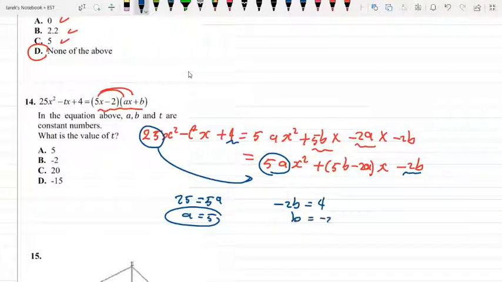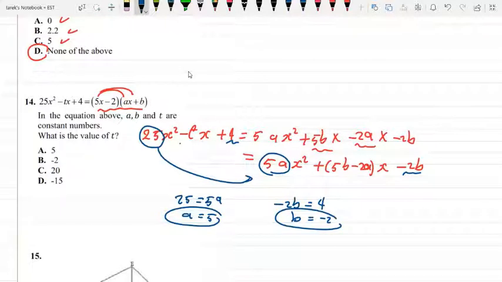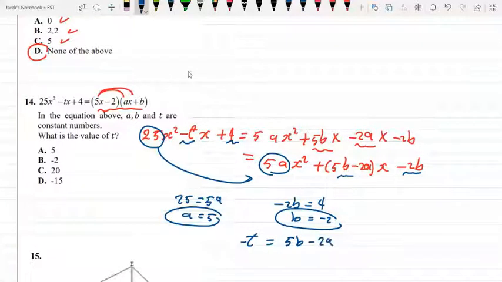I got the b now. And this equals this: negative t equals 5b minus 2a. Since you know a and b, it will be 5 times negative 2 minus 2 times 5. That gives me negative 20. If negative t equals negative 20, so t equals 20.